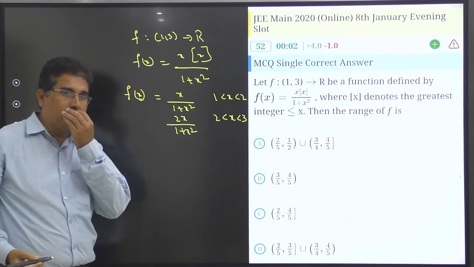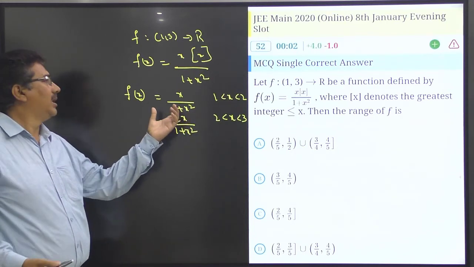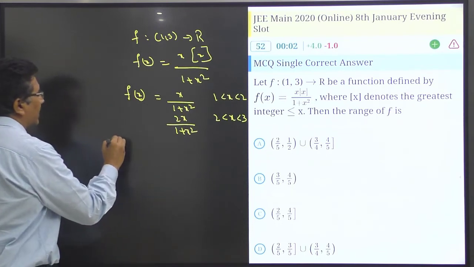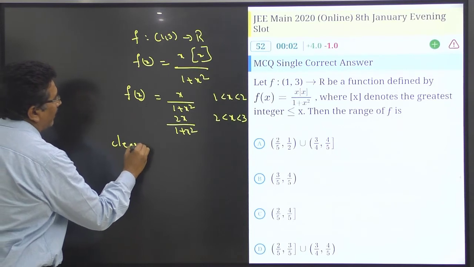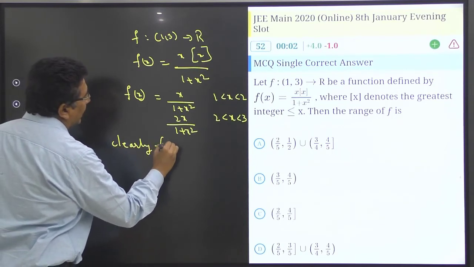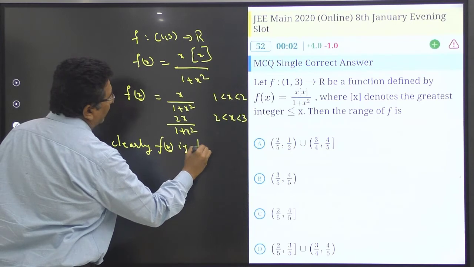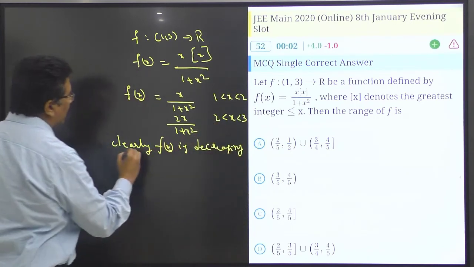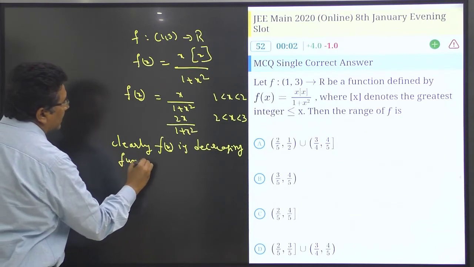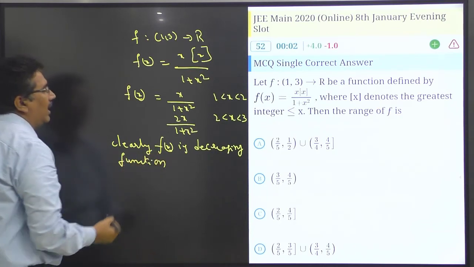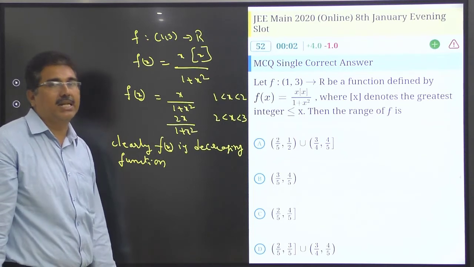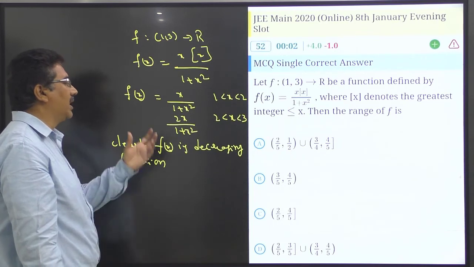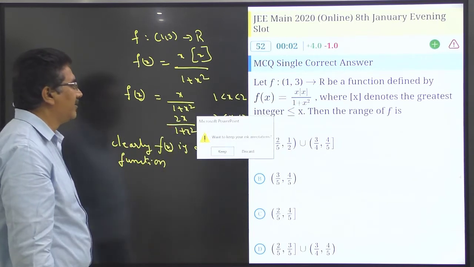By observing f of x, clearly f of x is a decreasing function, because the numerator is always less than the denominator, so this is a decreasing function in both cases.